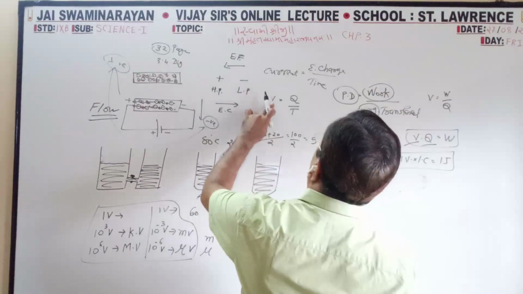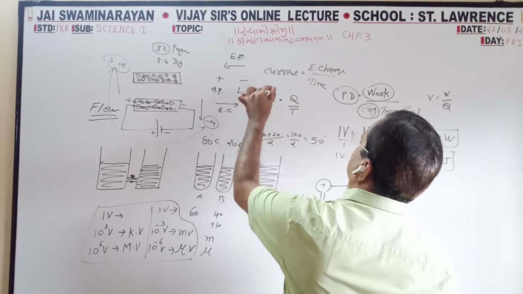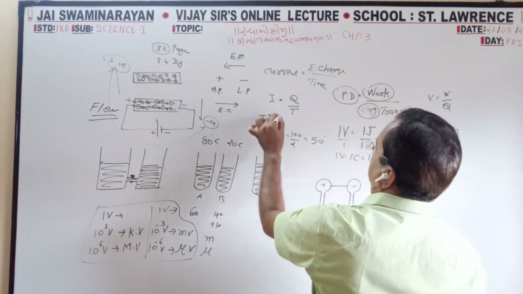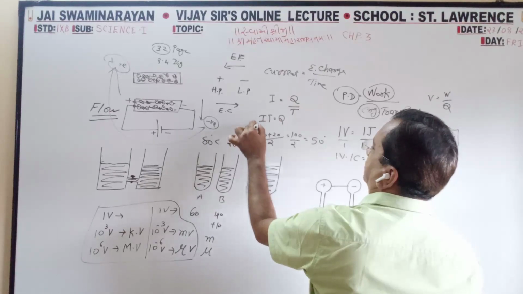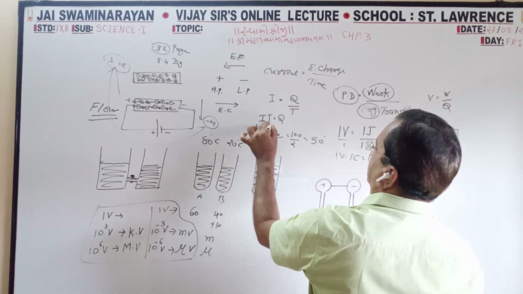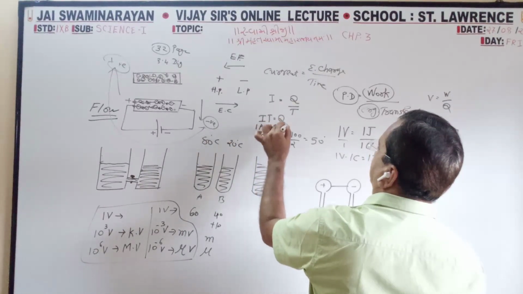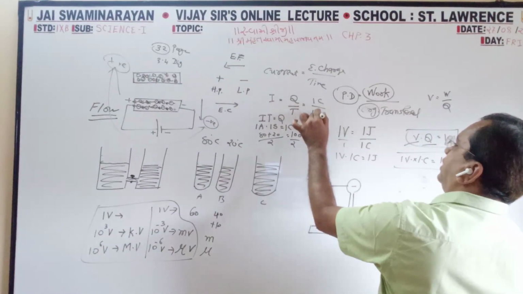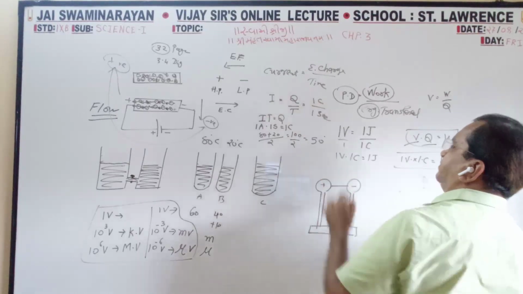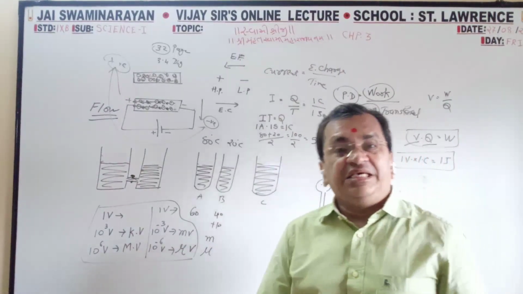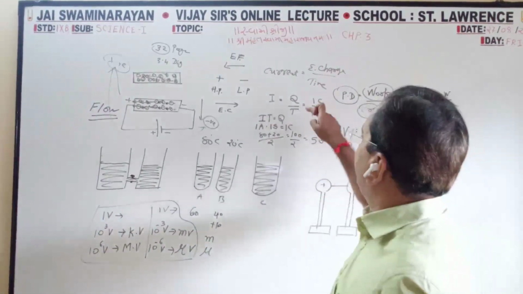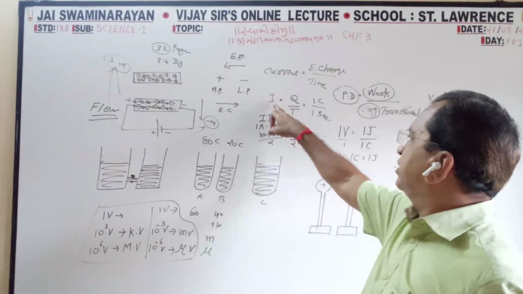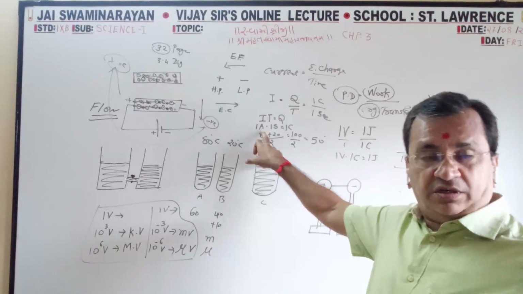So I equals Q by T. I means 1 ampere, 1 second, 1 coulomb. In 1 second, 1 coulomb of charge is passed. At that time, current is said to be 1 ampere.